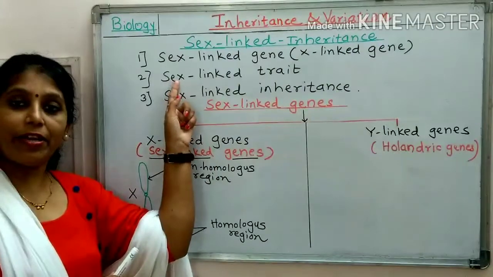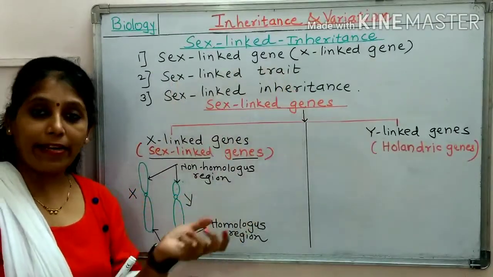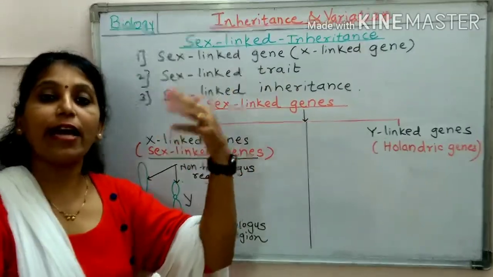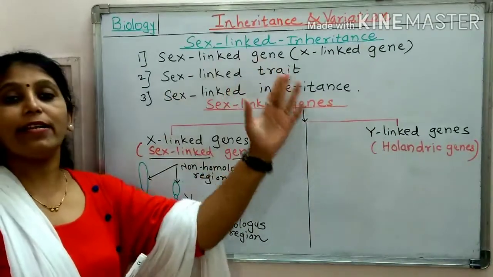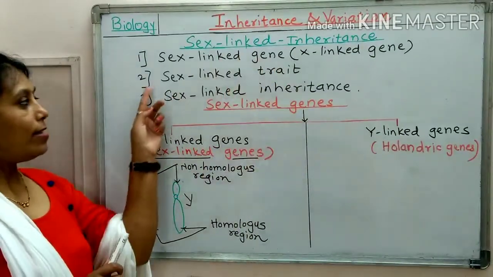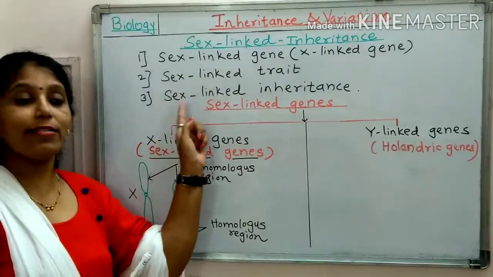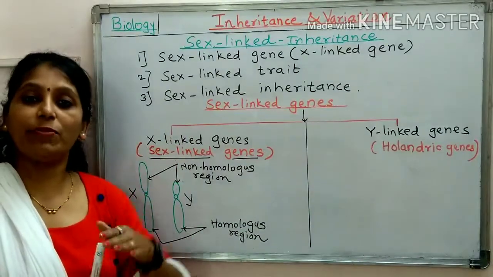Come to the second definition, sex-linked trait. Trait means character. The character or trait which is determined by a sex-linked gene is called a sex-linked trait. Third definition, sex-linked inheritance. Inheritance means transmission.